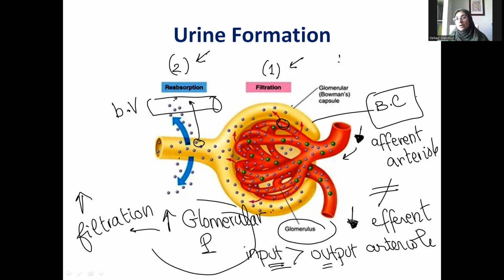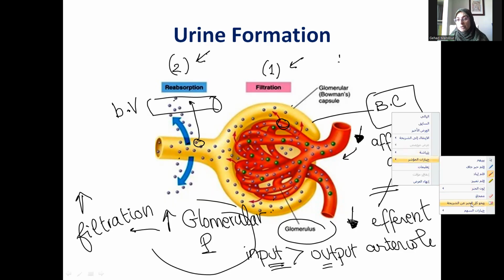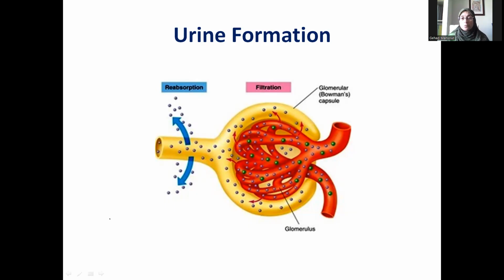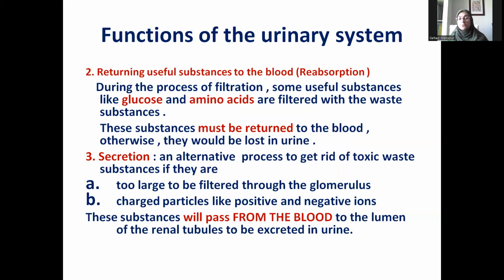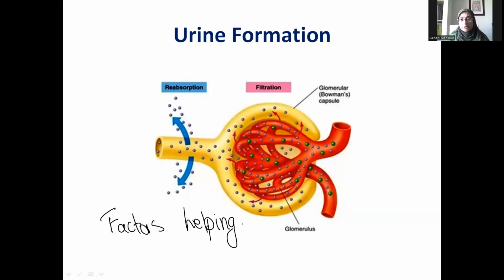And now comes another question that is related to this diagram, which is, what are the factors that help the process of filtration? So I'm asking here about the factors that help the process of filtration. Number one, the high glomerular pressure. We have just mentioned it because it helps squeezing out the particles.